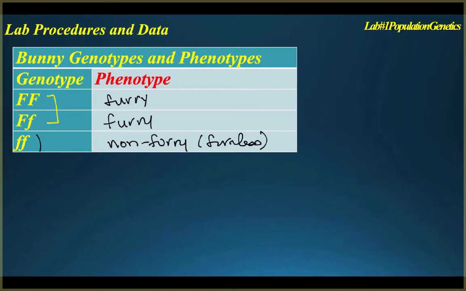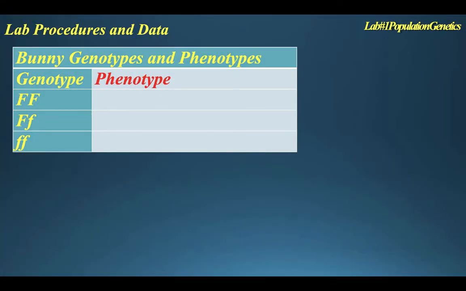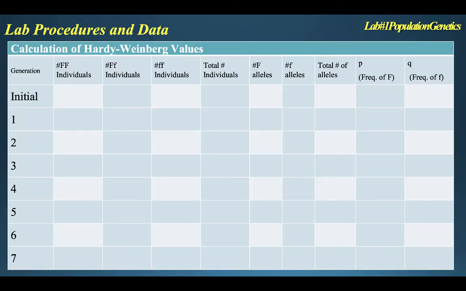But today we're not going to do that because we are not in the classroom. But this first generation would represent the initial generation. As a group, you would end up counting up all your FFs, your homozygous dominant, your heterozygous, and your homozygous recessive individuals in the classroom, and you would enter the information on the table.